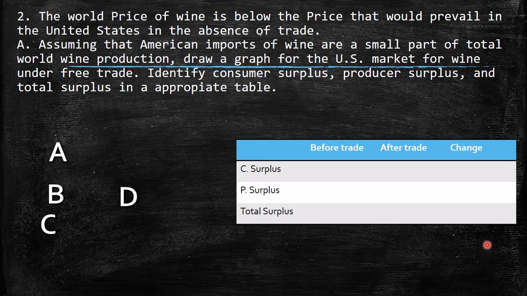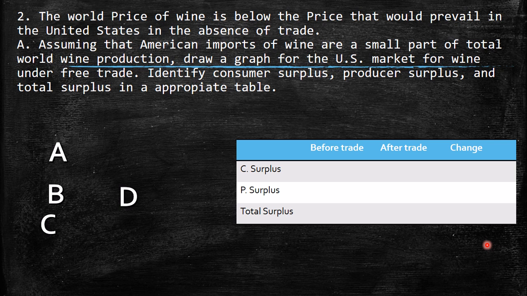Okay, the second point says the world price of wine is below the price that will prevail in the United States in the absence of trade. So it's again the same condition as before, because the price of wine is below the price that will prevail in the United States in the absence of trade.